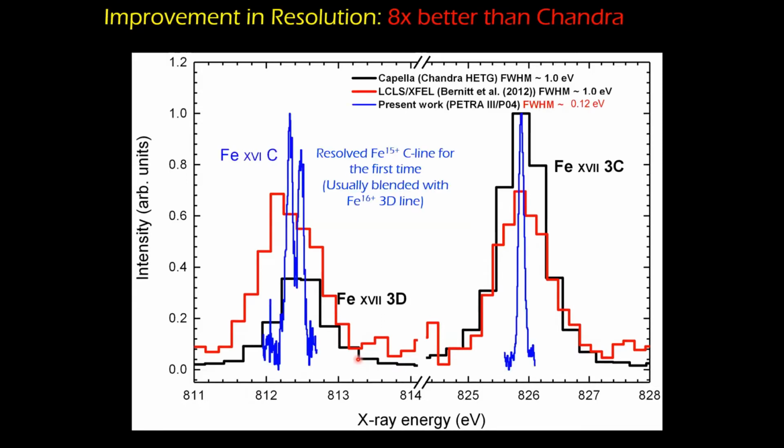We improved this resolution by almost a factor of 8. With this improvement, you can resolve line C and line 3D simultaneously. That means we do not need to worry about the population transfer, or we can always observe the intensity ratio between line C and 3D to understand the population transfer.